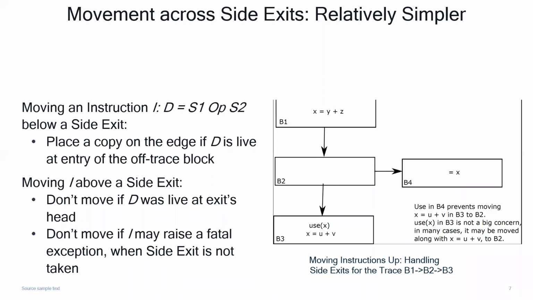On the other hand, we can move an instruction above a side exit without any overhead, if we can show that the moved definition was not live at the entry of the side exit. This is all I wanted to make by these examples.